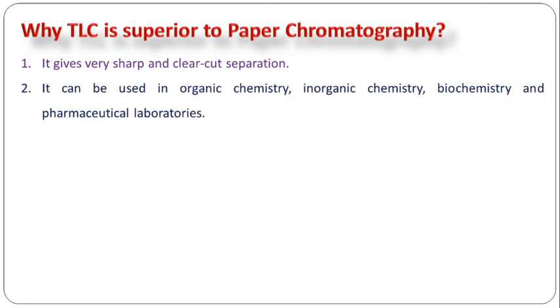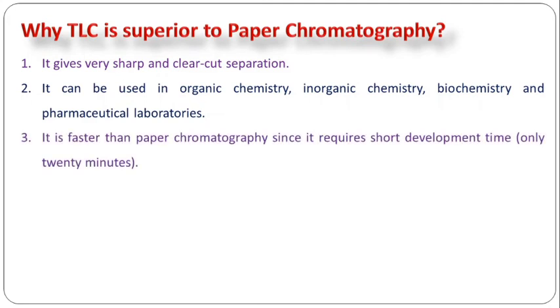It can be used in organic chemistry, inorganic chemistry, biochemistry as well as pharmaceutical laboratories, while there are some limitations with paper chromatography. This is faster than paper chromatography since it requires a short development time. That time depends upon the sample and quantity, but it's okay. It is faster as compared to paper chromatography.